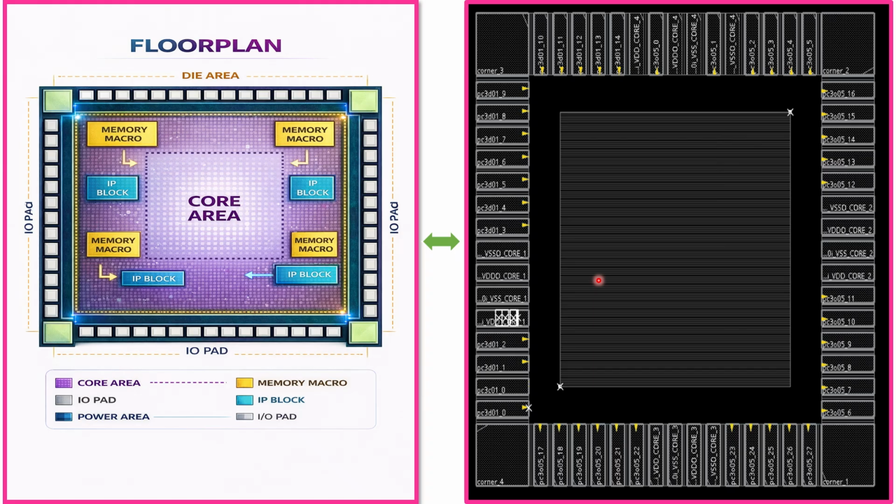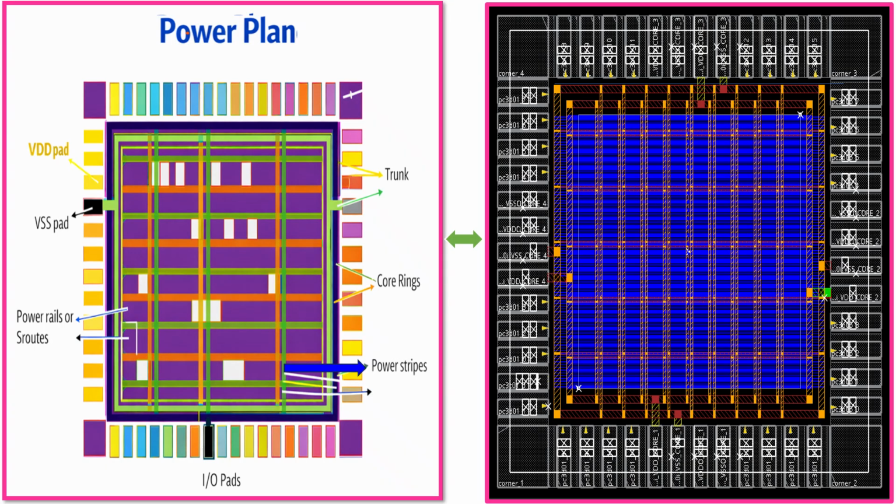Balanced utilization is the key for successful routing. So everything should be planned properly in the floorplanning stage, and it is saved as .enc in Innovus for the later stage. Yeah, the next one we are going to see is power planning.